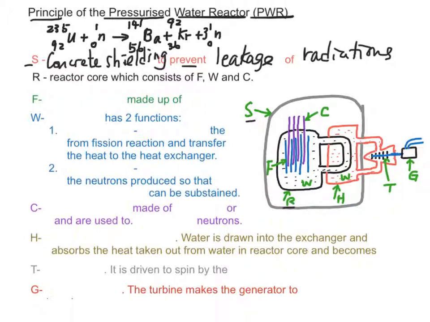R is the reactor core, which consists of 3 parts, F, W, and C. F is the fuel rods, which are made of uranium.